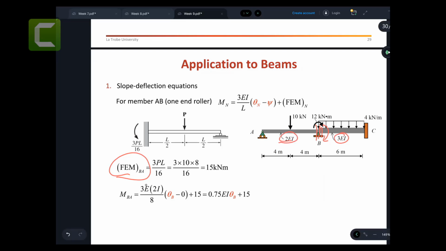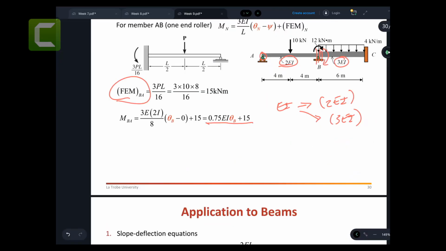So you need to make sure that you substitute that EI; like if you have EI, then you replace this EI by 2EI or 3EI, depending on the given. So that's what I replace. Theta A is 0 because there is nothing here. There are no settlements here, so 0. So you get this MBA.